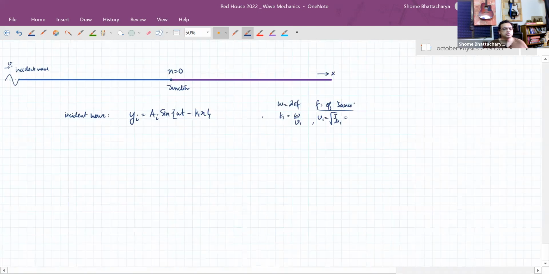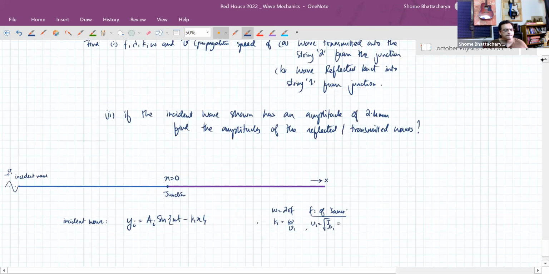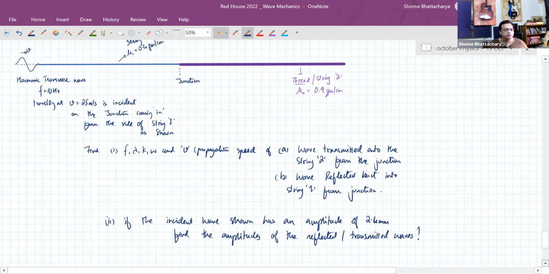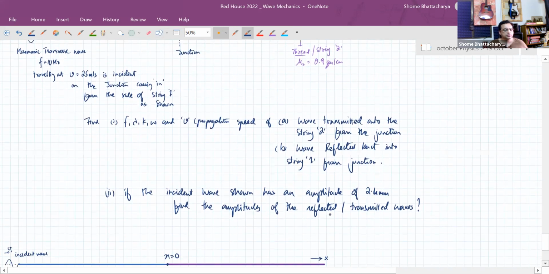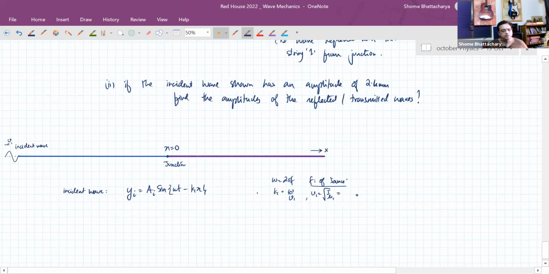These things are all given. I think v1 was 25 meters per second, and mu1 is 0.4 grams per centimeter. Frequency is 10 hertz.